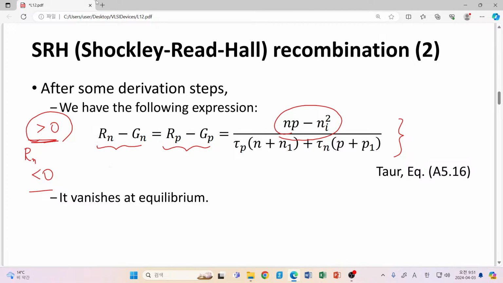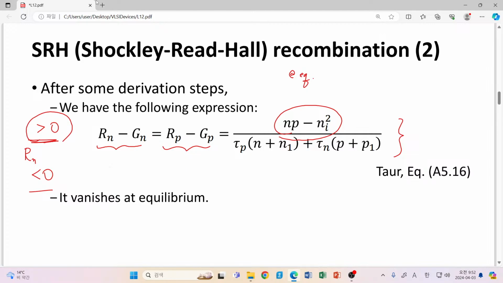So please, first of all, at equilibrium, what will happen? If you have equilibrium condition, then you know the product between electron density and hole density equals the square of intrinsic density.